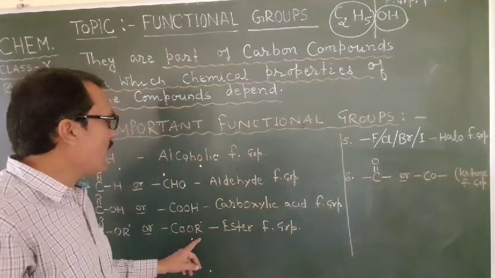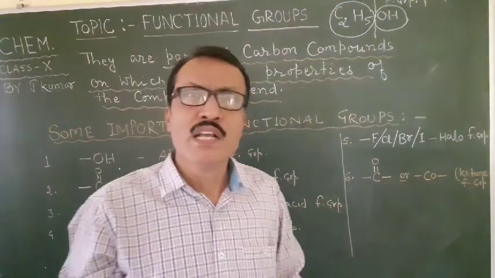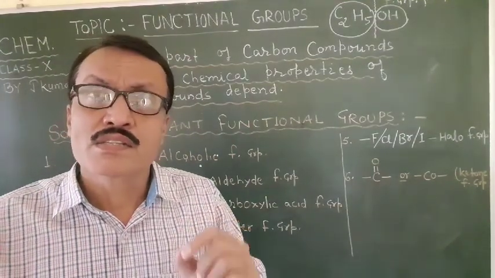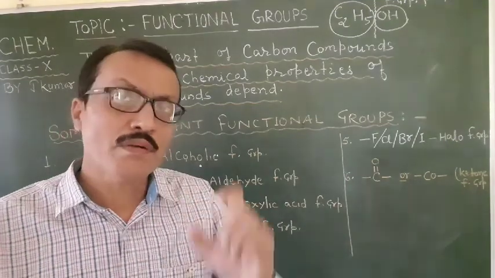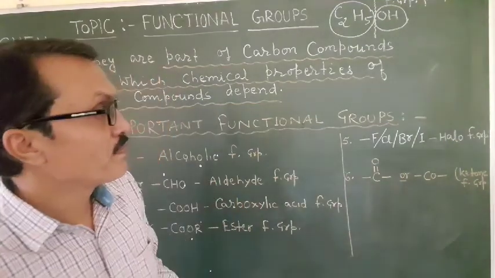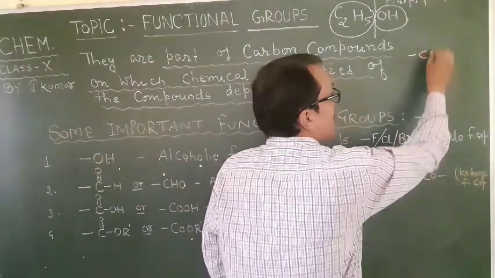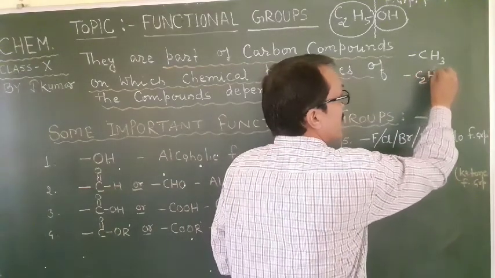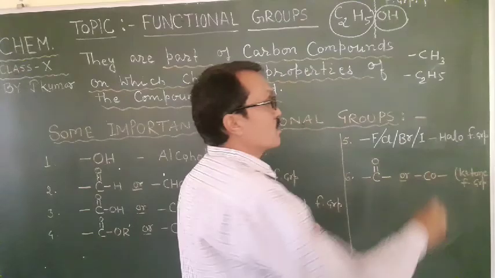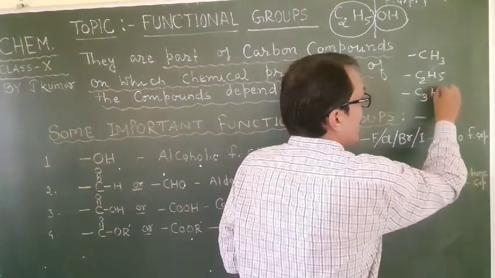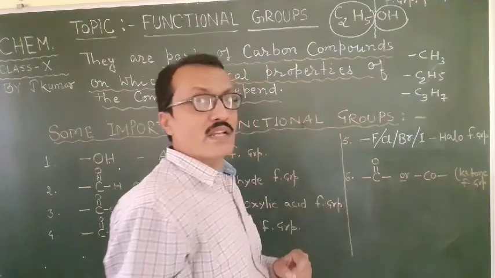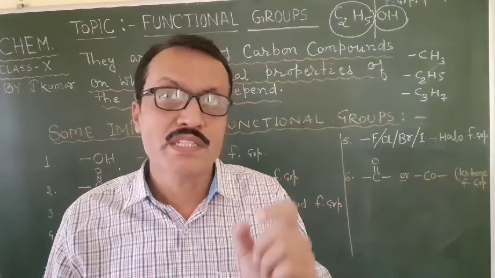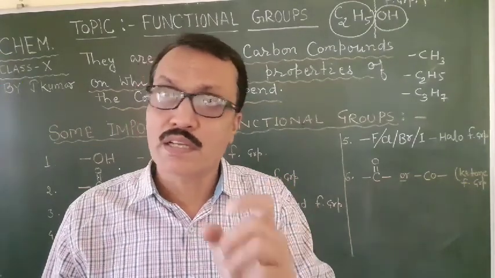COOR dash. Students, R dash, what is the meaning of R dash here? Students, this R dash has some alkyl group. For example, students, CH3, this is an alkyl group. Example, C2H5, this is an alkyl group. Example, C3H7, this is an alkyl group. An alkyl group is obtained when one hydrogen is removed from an alkane.